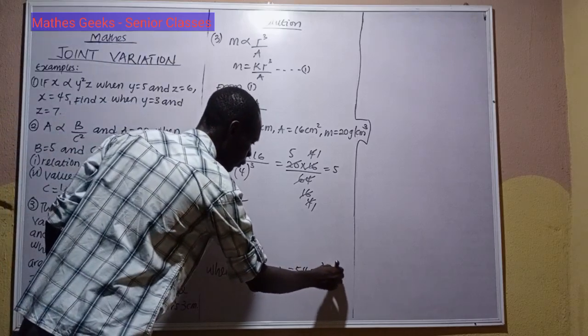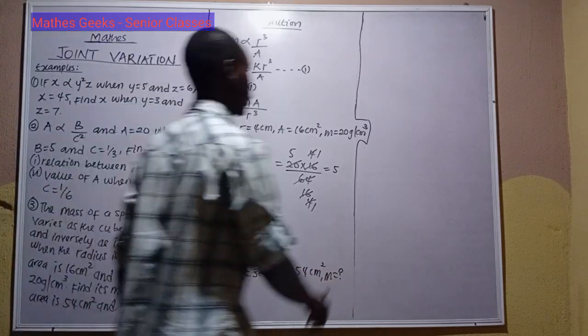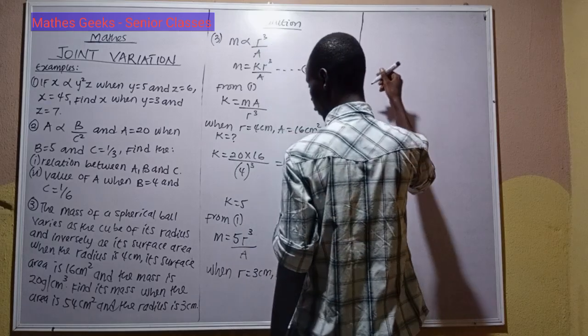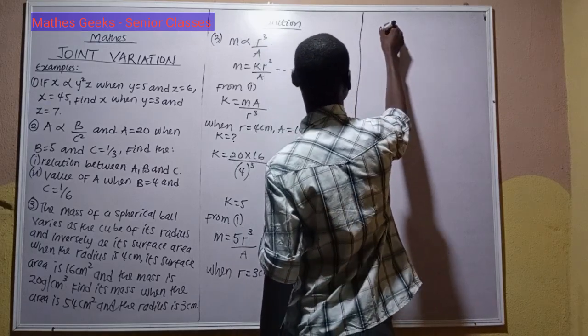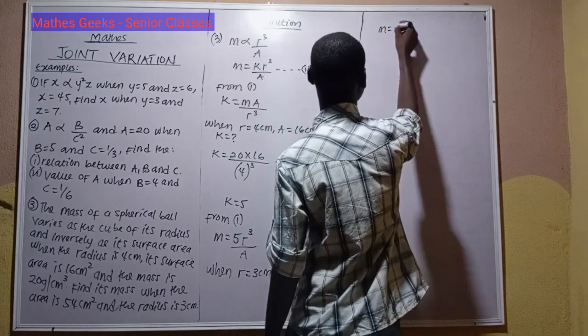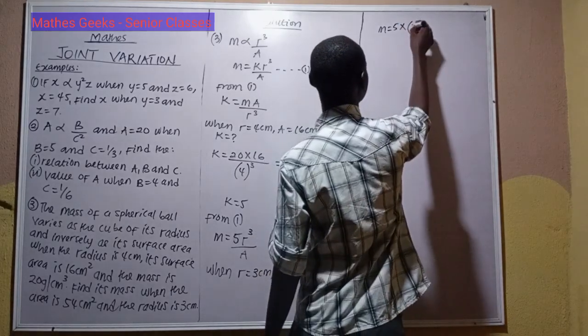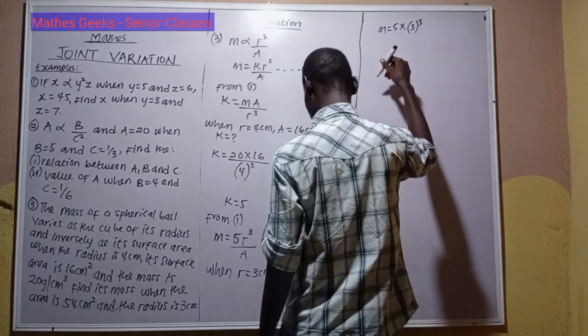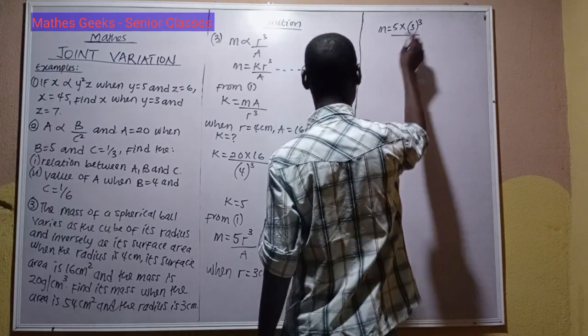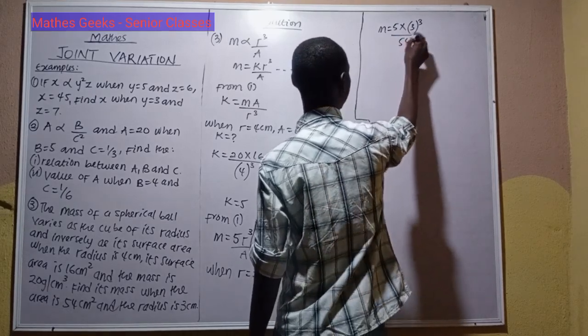M is what? From 1, M is equal to 5 times R, which is 2 to the power 3, over the area, which is 54.